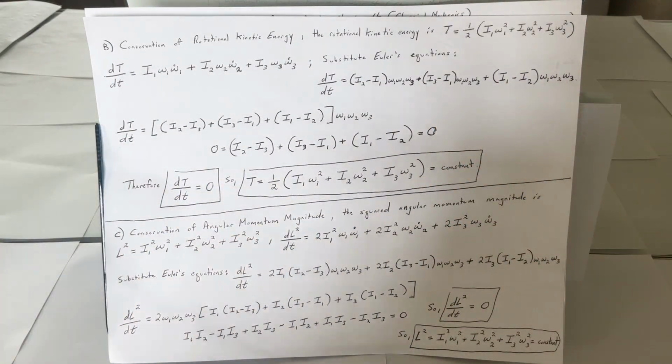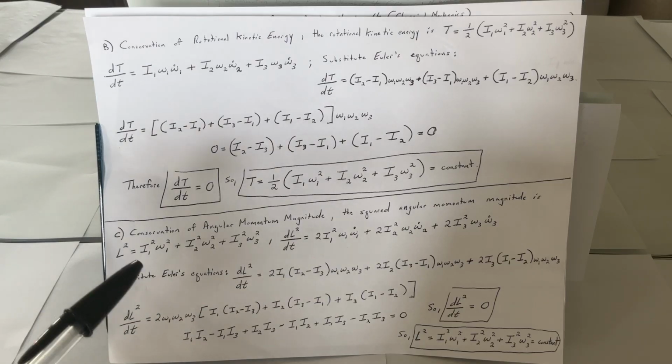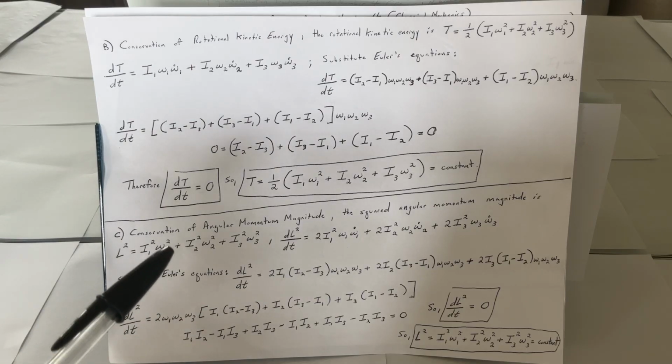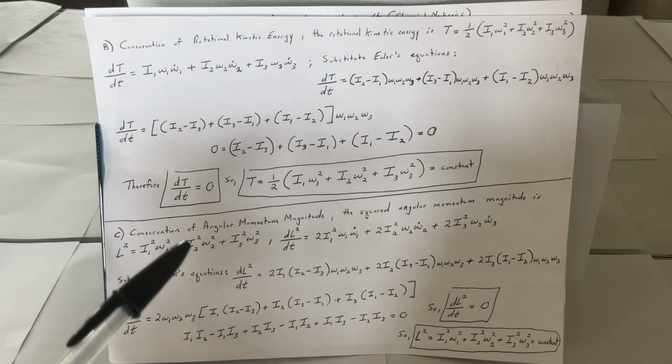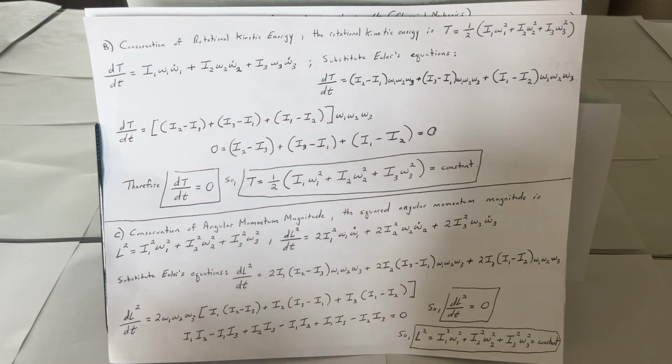For part C, conservation of angular momentum magnitude. The squared angular momentum magnitude is L squared equals I sub 1 squared omega sub 1 squared plus I sub 2 squared omega sub 2 squared plus I sub 3 squared omega sub 3 squared.